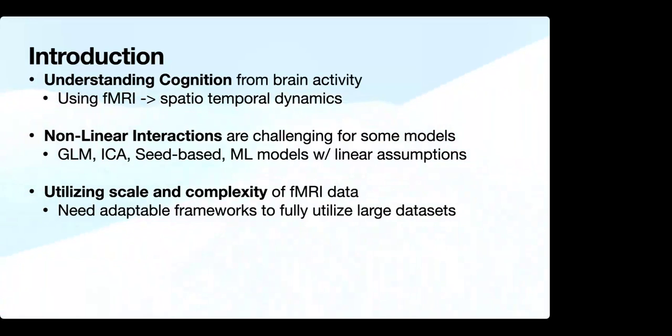So in addition to that, another need is to utilize the scale and complexity that we have across these large data sets like the UK Biobank and HCP. So if we have a lot of data, we'd like to utilize all of that, and we need an adaptable framework that can fully utilize and be robust in understanding these relationships.